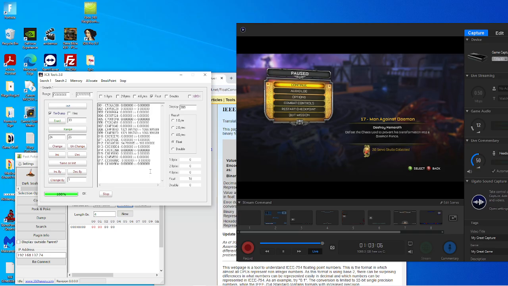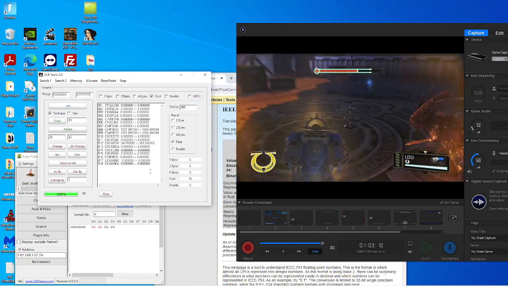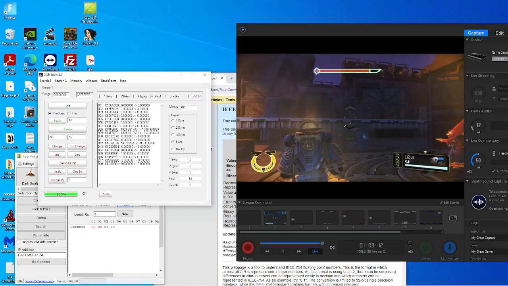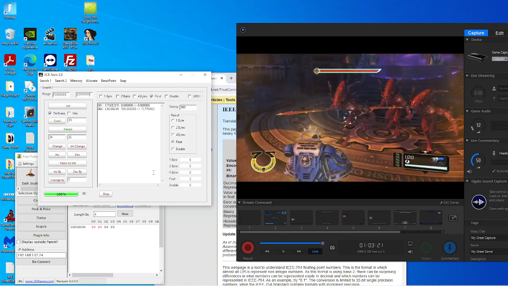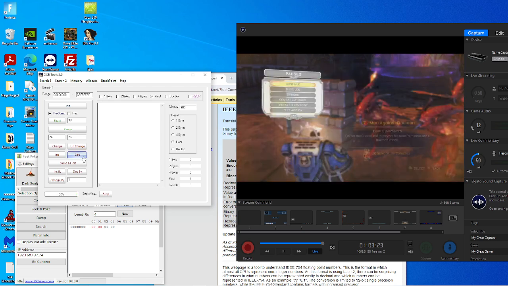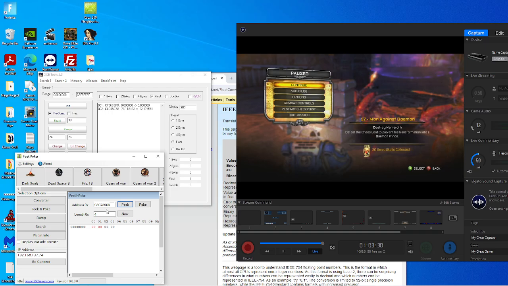And now activate the Fury. You'll see the counter is going down. Counter is still going down. I'm thinking it's most likely, let me see, which one is this going to be?